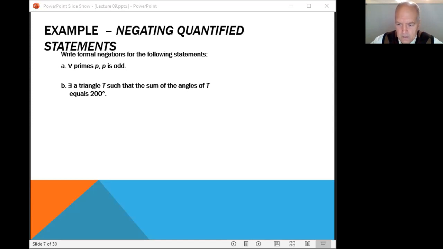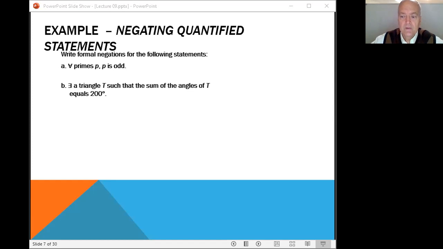Okay, let's take a look at these. The first one, for all primes P, P is odd. So this is a universal statement. And by applying the rule for the negation of a universal statement, we can see that the answer is there exists an element A that's prime such that A is not odd.